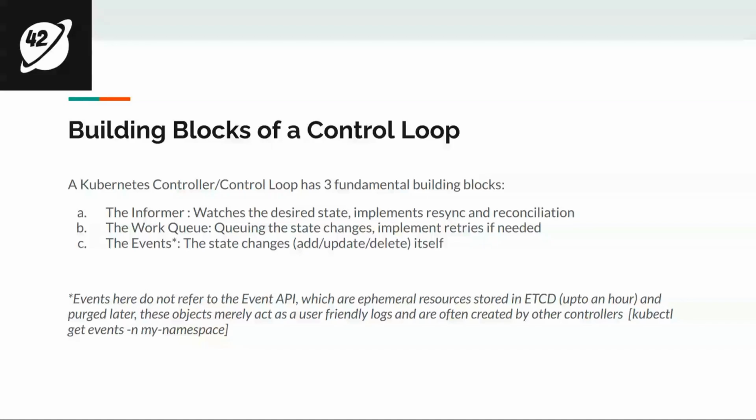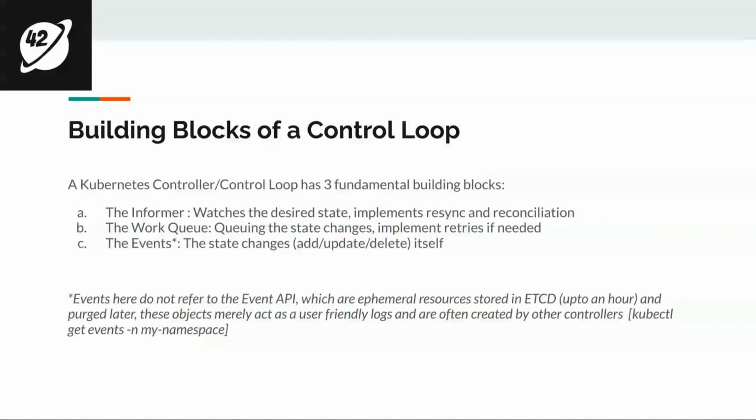Then there are work queues, which are responsible for queuing up these changes and implementing retries if something fails upon the first attempt to reconcile. And then there are events, which are the native representation for these state changes.